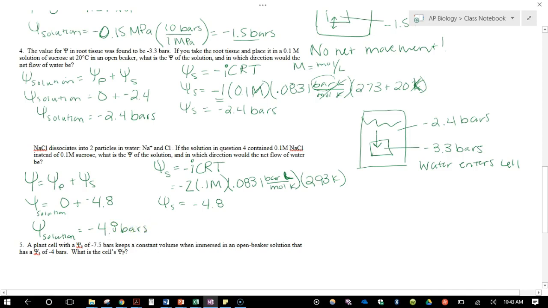And note, remember the solute has a huge impact on water potential. The more molecules of solute you have, the less free water you have, which means you're going to have a much lower water potential. So water is going to move to where the solute is. So let's look at what this looks like.